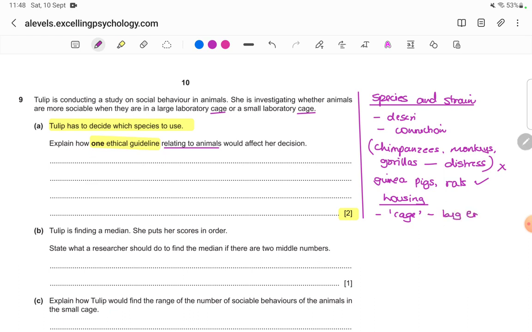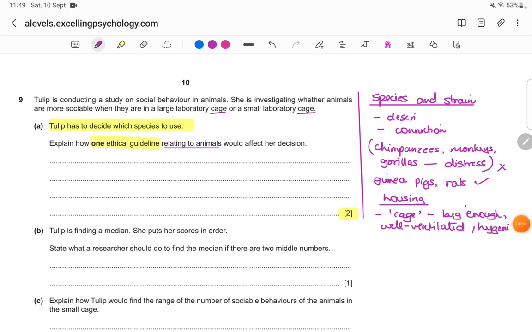Whichever species she selects, if it's a chimpanzee, chimpanzees are huge, so the cage can be even bigger than the chimpanzee, so that the chimpanzee has free movement around. If she's taking a rat, then according to the size of the rat. So the cage should definitely be big enough, well ventilated, and hygienic. So you could discuss these aspects as well.